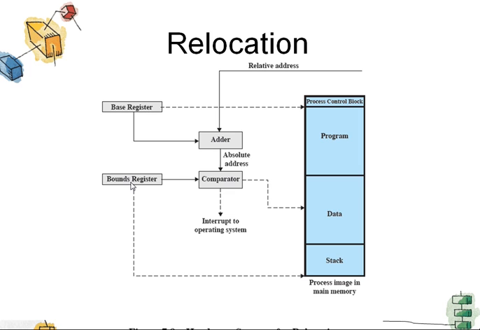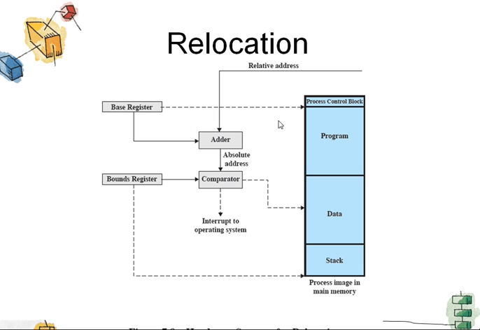Now here we have the bound register. In case of an interrupt to the operating system, the bound register defines the ending address of the process.